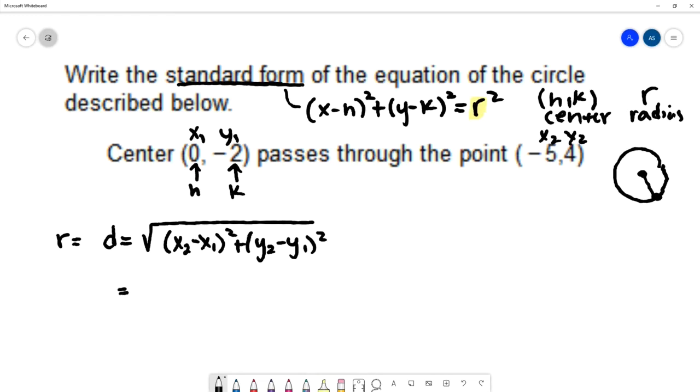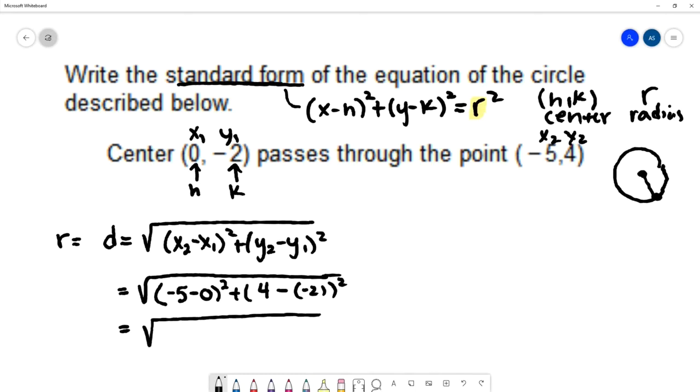It will work out to be the same distance either way. x2 is -5 minus x1 is 0, squared, plus y2 is 4 minus y1 is -2, squared. Then we have the square root of (-5) squared plus 4 plus 2, that's 6 squared.